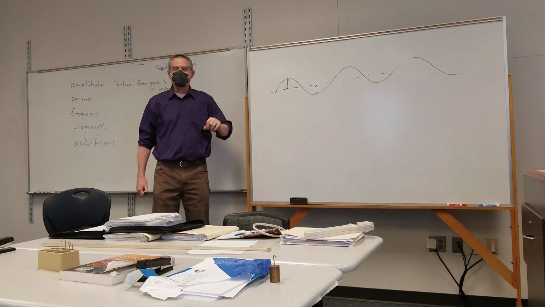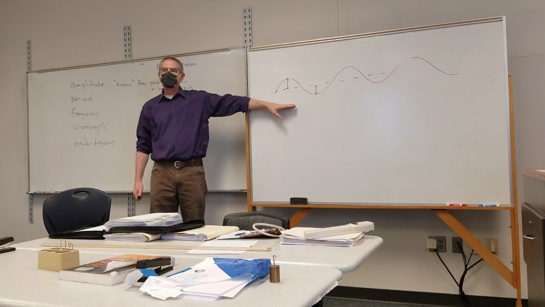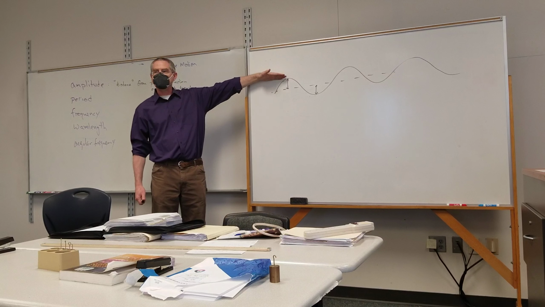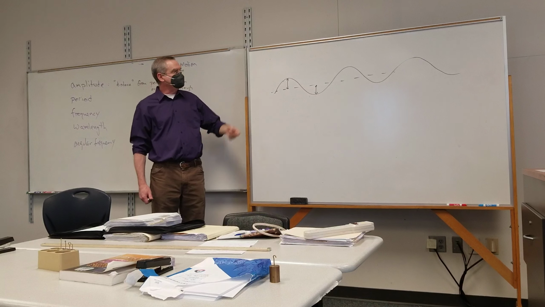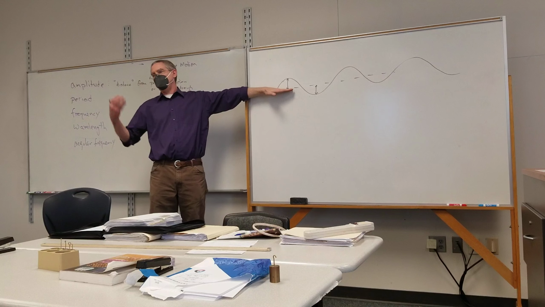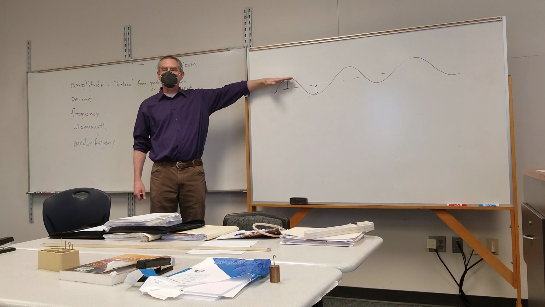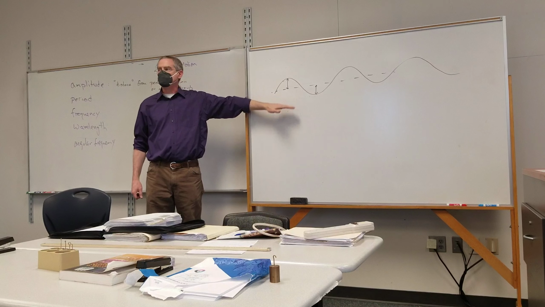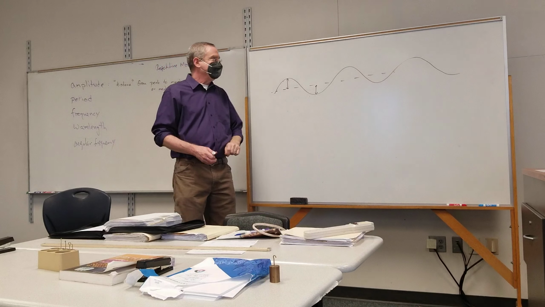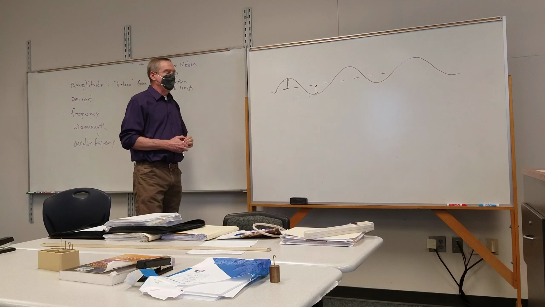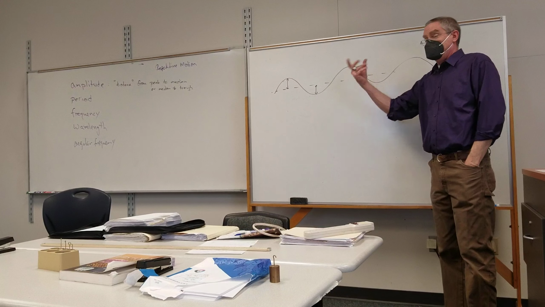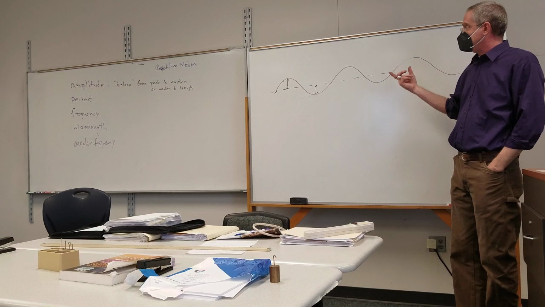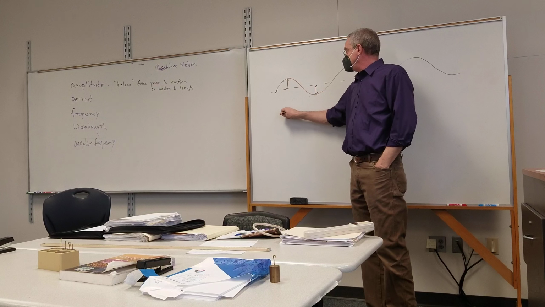If this is sound, this would represent high pressure and low pressure. In other words, a high concentration of particles in the air, low concentration of particles in the air. And so this would be from the ambient pressure of air to the peak, or ambient pressure to the lowest. Probably more accurately, if this were sound, for example, and so this is being modulated by air pressure, this would be a whole lot of molecules in the air.